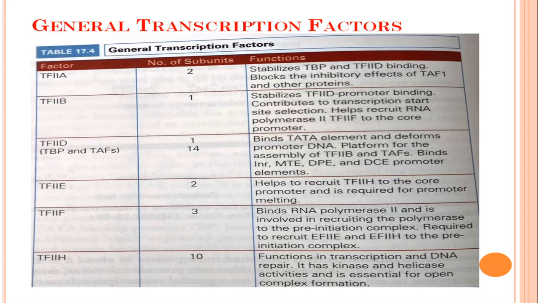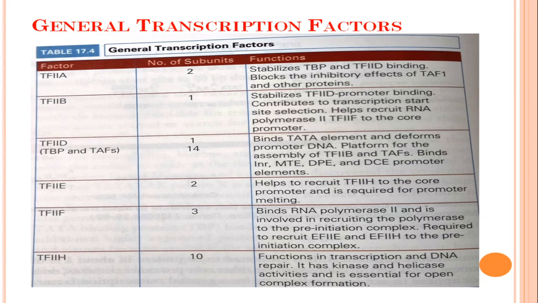TF2H plays a role in the unwinding of DNA, and its kinase activity plays a significant role in carrying out the phosphorylation of the RNA polymerase CTD tail. Now how it is involved, we will discuss in detail during the elongation process.